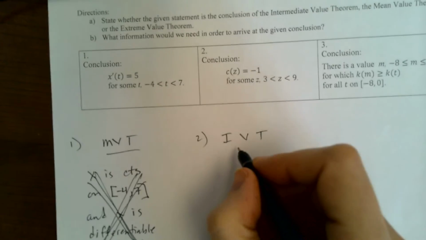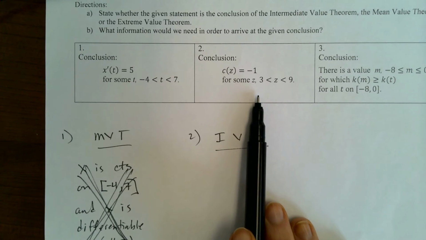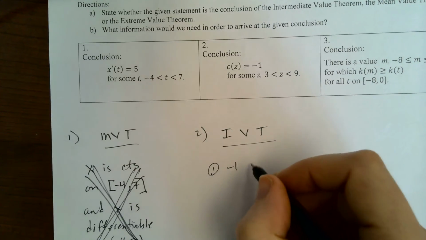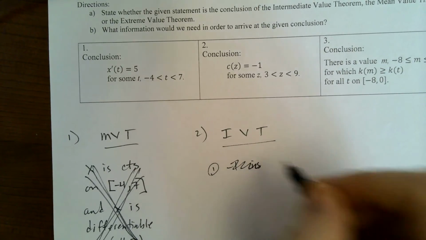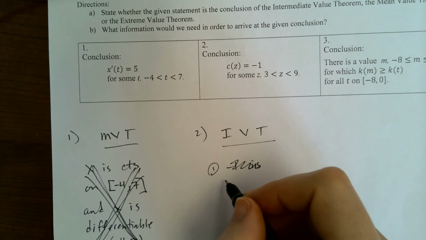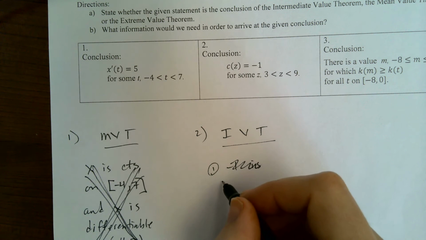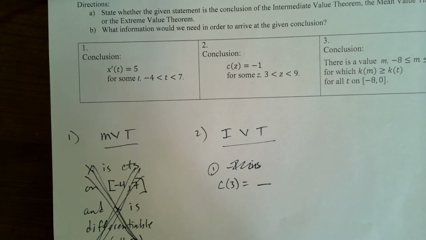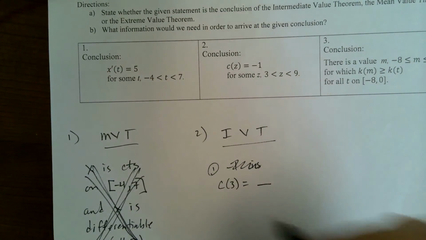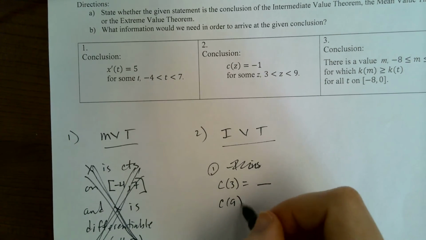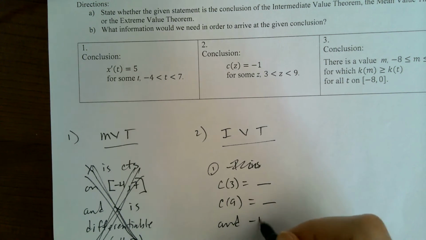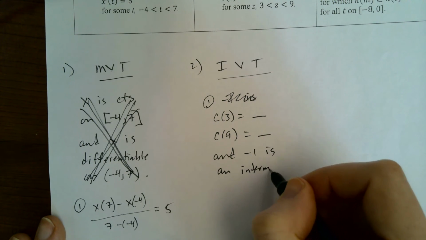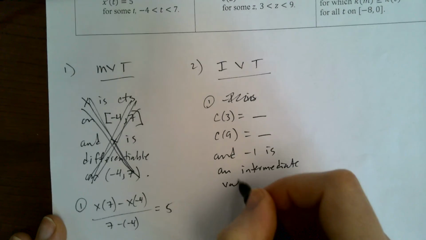Now for the intermediate value theorem, so this is the conclusion of the intermediate value theorem. So we would need to show first, how do we do it? We go C of 3 equals blank, C of 9 equals blank, and -1 is an intermediate value.